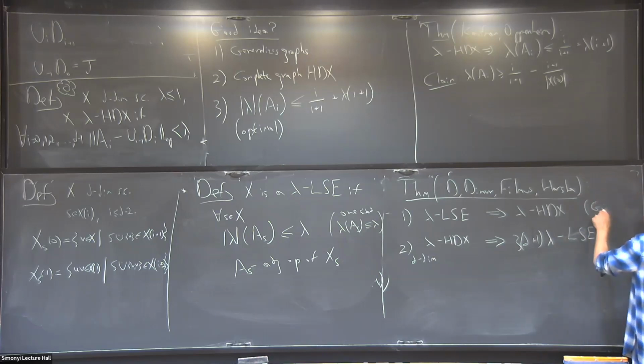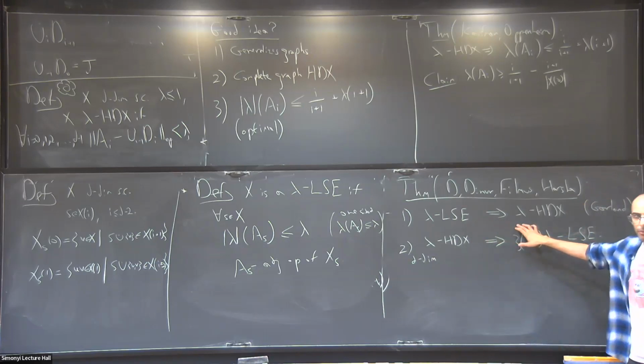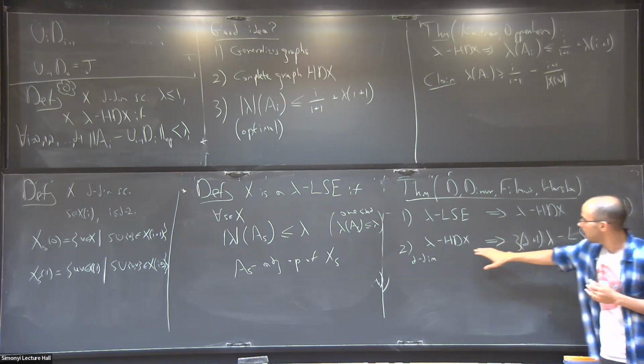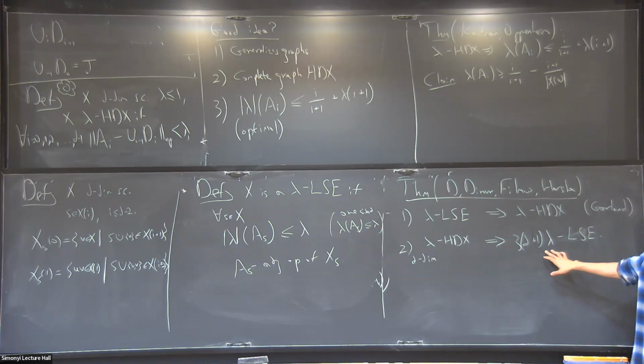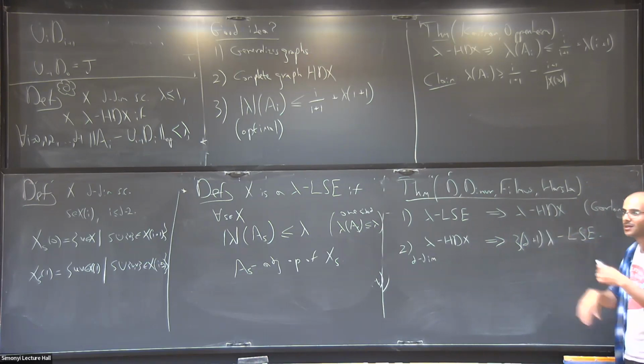So I will also write Garland here, where he's done basically the same proof, only in a different setup. This second item is a bit more technically involved, so I don't want to show it today. I only want to show the first one.